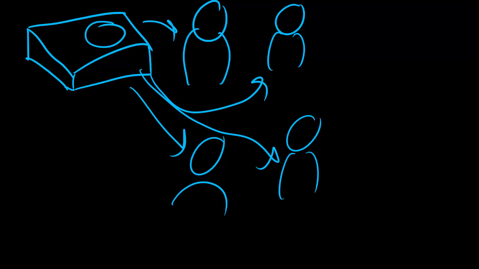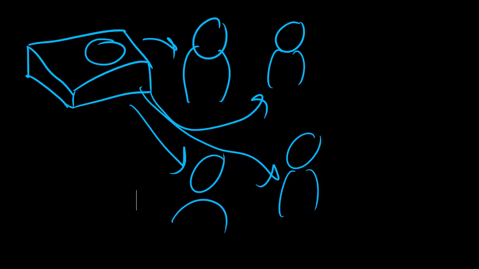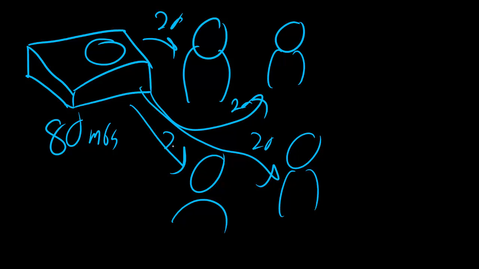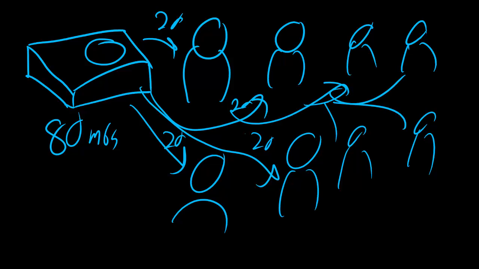So not only is the speed of this guy split, let's just say this thing runs at 80 megabytes a second, each of these guys gets 20. Well, let's add on a few more to these guys and these guys and these guys. Now we're talking like 10 megabytes a second on max throughput speed.